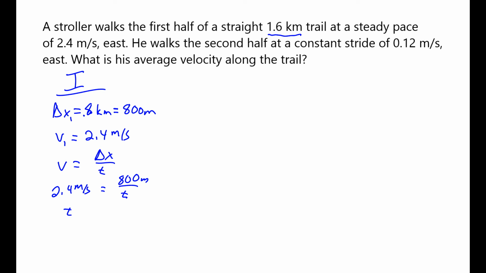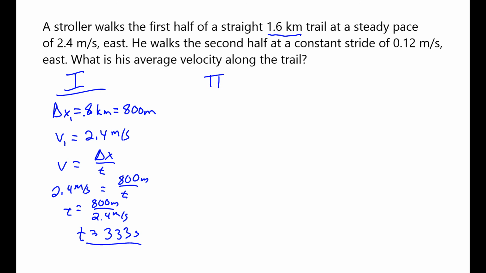So when we solve that for time, we get time equals 800 meters divided by 2.4 meters per second. And what does our time end up equaling? 333 seconds. Any questions on part 1 there?